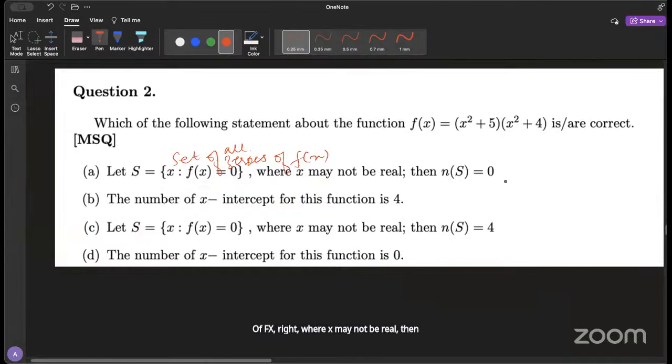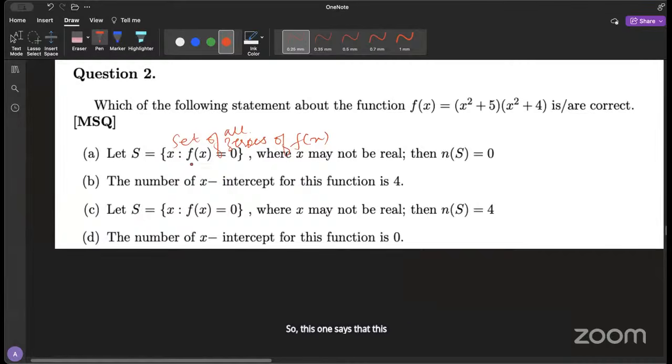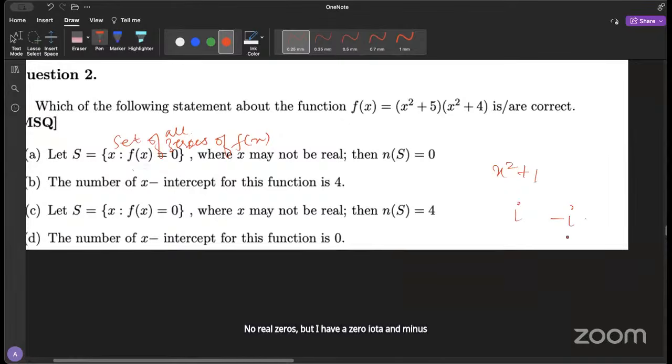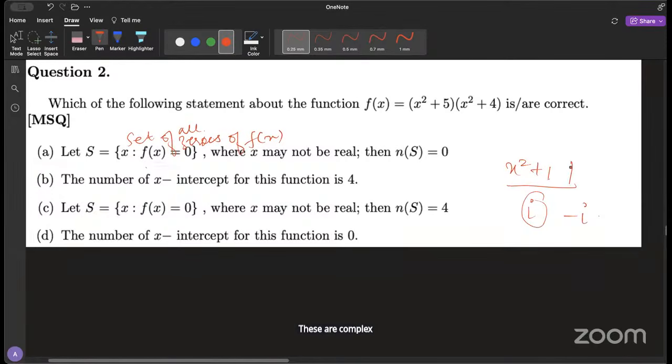Then n(S) equals 0. This one says that this is a set of all zeros of the polynomial, and this includes, let's say, if you have x squared plus 1, then it has no real zeros, but I have zeros iota and minus iota. These are complex zeros of this polynomial.